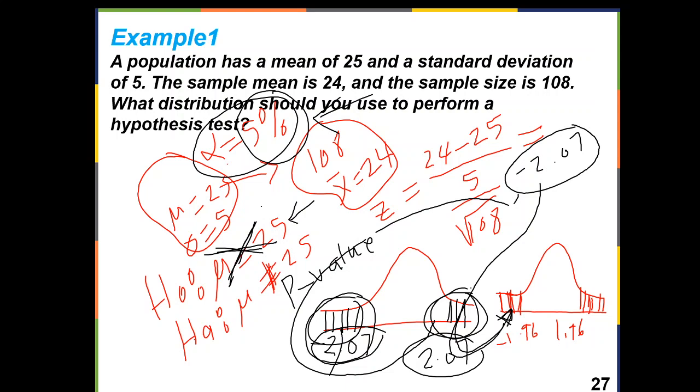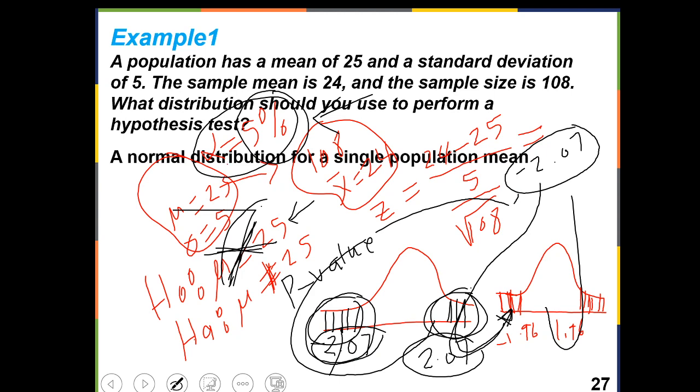Okay? All right, now if this number was something like 0.5, then it would end up over here, and that would indicate that we did not have enough evidence to reject this. All right, so let's move on.